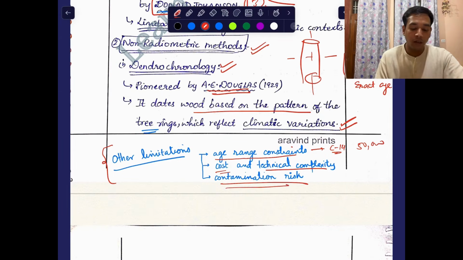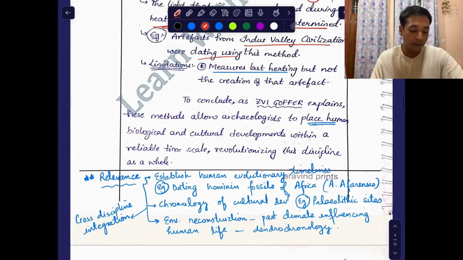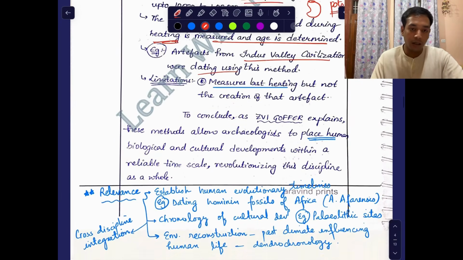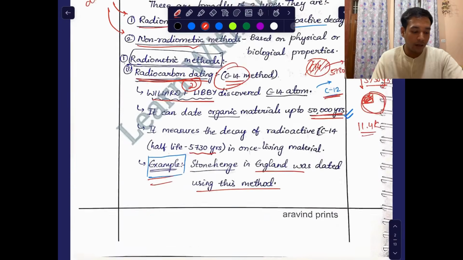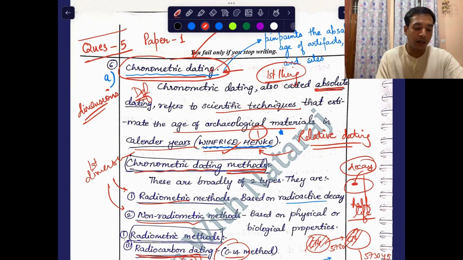Contamination risk. For example, let's say there is some artifact buried deep in the mud. Some chemicals could contaminate it and give us inaccurate results when we read it. So that covers chronometric dating.